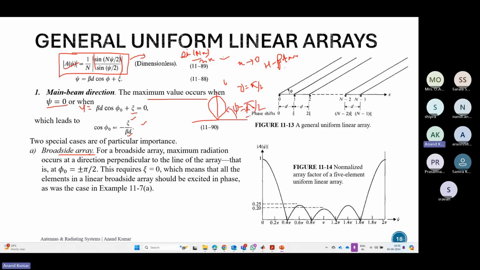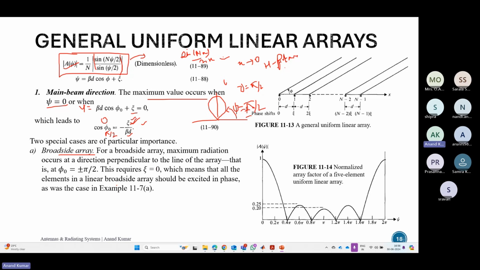For broadside, if phi equals pi by 2, we substitute pi by 2 over here. So cos pi by 2 is 0, which implies xi has to be 0.